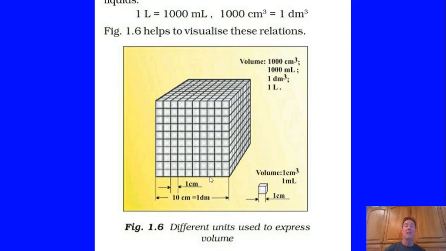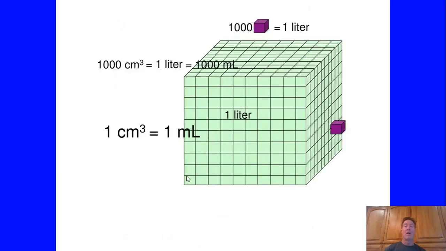In any case, this will help you, you'll see this. So as you can see, this is 1,000 cubic centimeters because you have 10 times 10 cubic centimeters, that's 100, and then you have 10 rows of 10, so that's 1,000 cubic centimeters, which is equal to 1,000 milliliters, which is equal to a liter. Another way of expressing that, but here is the key relationship that you have to lock away.